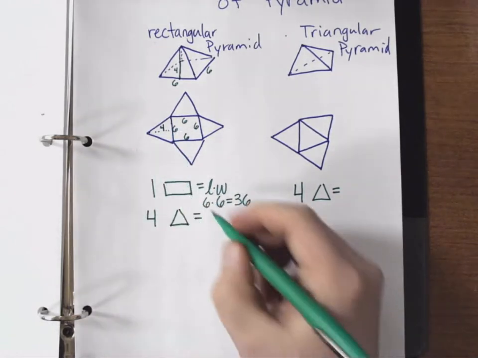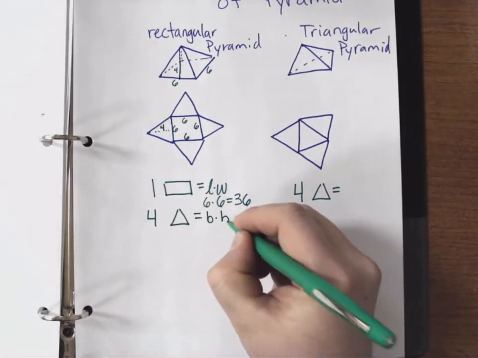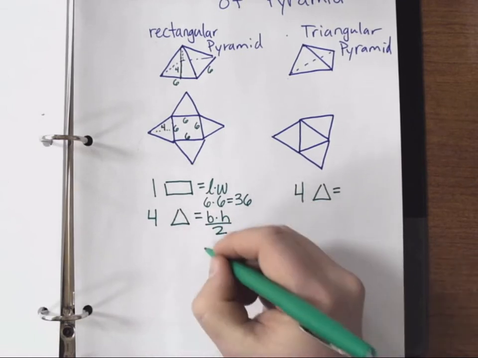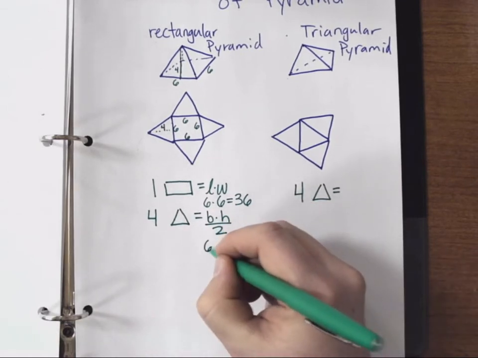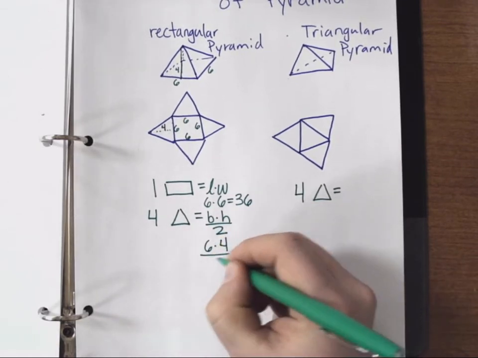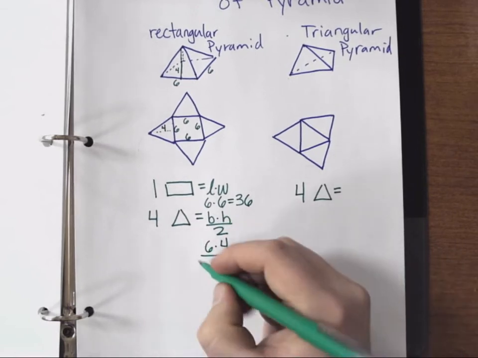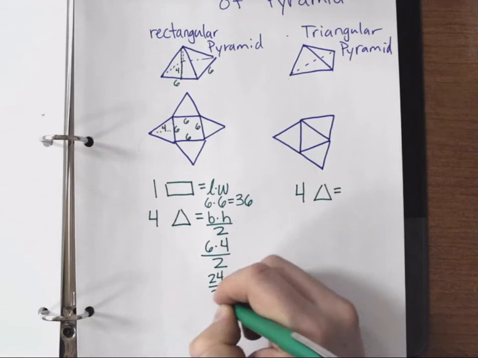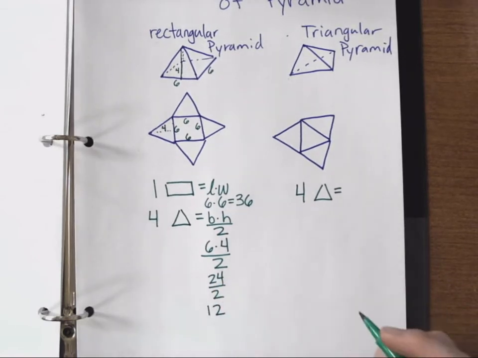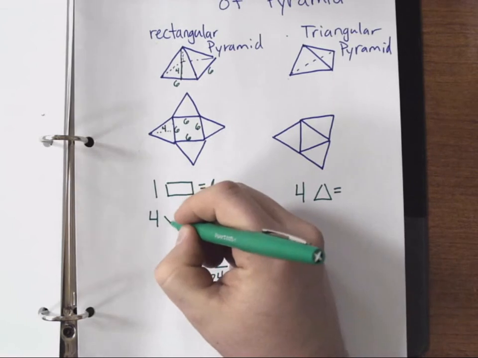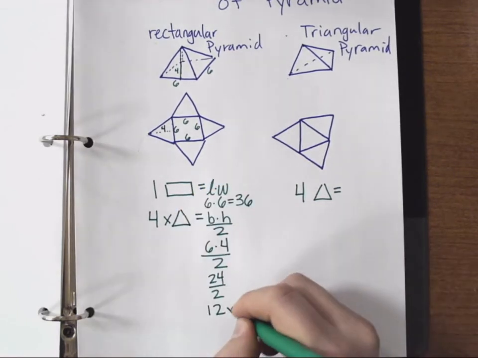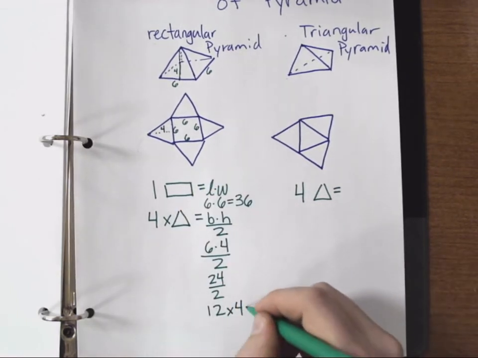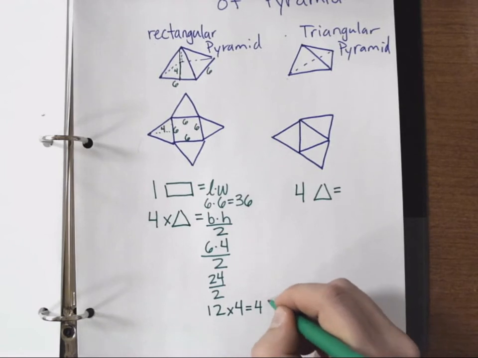We have base times height divided by 2. So my base is 6, my height is 4, divided by 2. So I get 24 divided by 2, which is 12. But I have how many faces? 4. So I need to multiply by 4, which gives me 48.